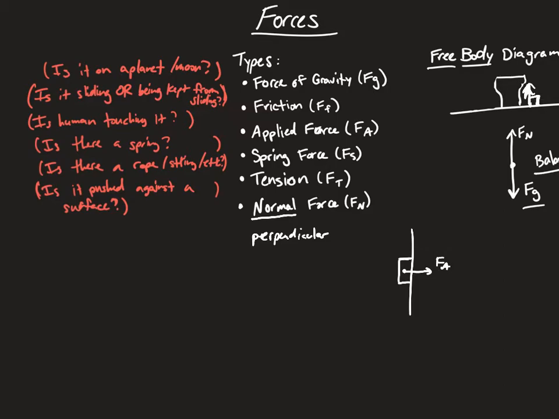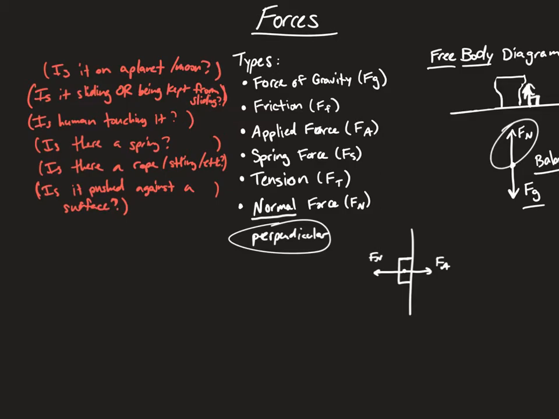If I push it against the wall, the wall is my surface now, and that has to push with a normal force that is perpendicular to the wall. That would be out in this direction. So depending on the orientation of your problem, the direction of the normal force can and will change. But in most cases, if it's on a flat surface, a horizontal surface, the normal force points up.